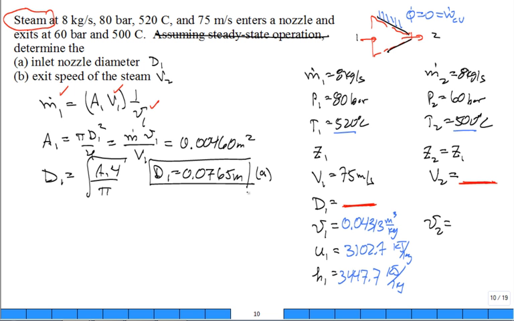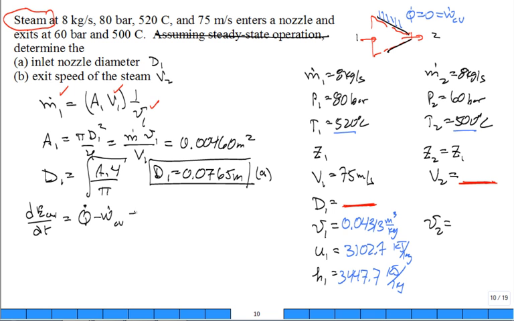The exit speed of the steam, V2. Well, I've used conservation of mass, probably conservation of energy. So we write down for that control volume, the rate of change of energy in a control volume with respect to time is equal to rate of heat transfer in minus W dot CV out.